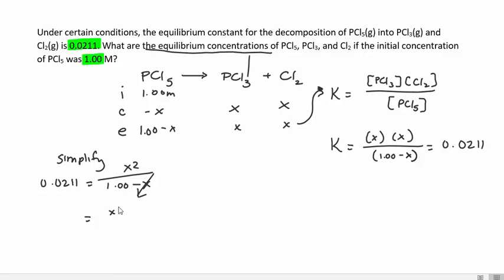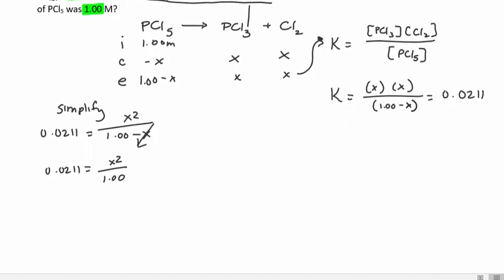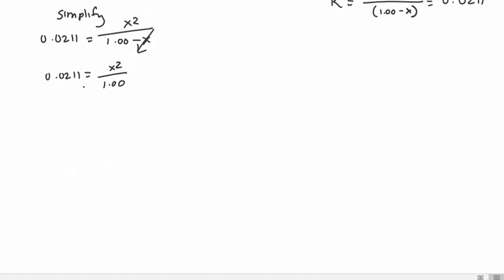That is the simplification I'm talking about. So then I have this as my equation: 0.0211 is equal to x squared over 1. So my x squared is equal to 0.0211. I take the square root of both sides and I get an x value of 0.145 molar.